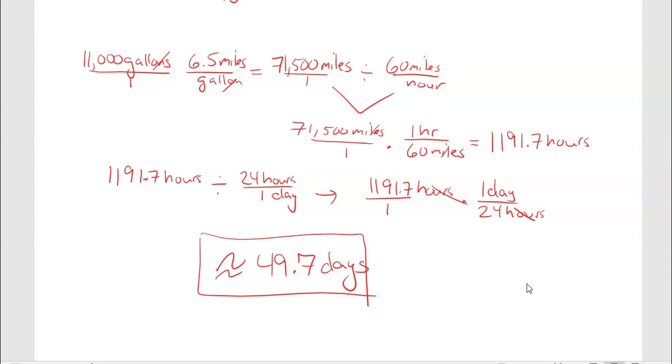It's pretty much the same exact thing as if you just divided by 24. You could see the hours canceled out, and I was left with a certain number of days, which was 49.7 days. This is something that you should have covered at least in your science class with Mr. Hines, and then also in your Algebra 1 course when you're looking at different units and conversion factors.